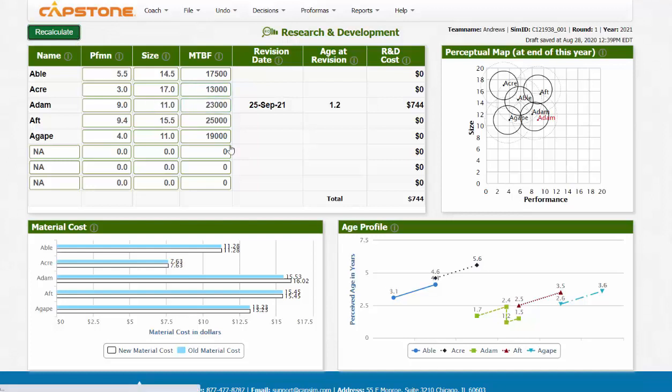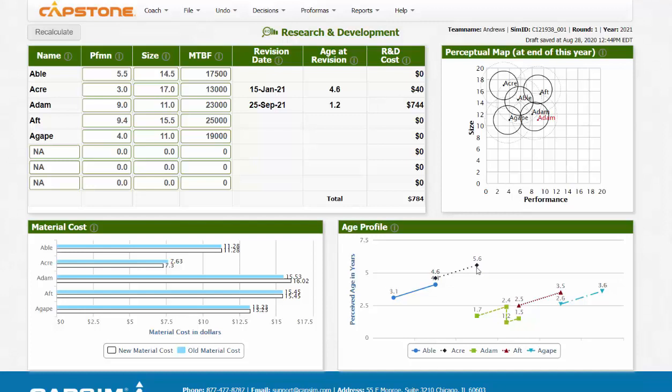I click Recalculate, and you can see that this revision launches pretty quickly, only 2 weeks into the year. However, age is not going to be affected, and we can see this clearly in the age profile for Acre. Acre is 4.6 years old at the start of the year, and it continues to age throughout the year until it's 5.6 years old. There is no change in age because we have changed the MTBF.